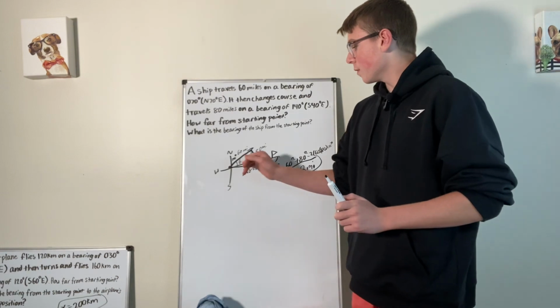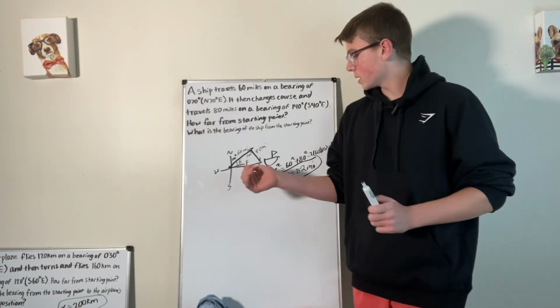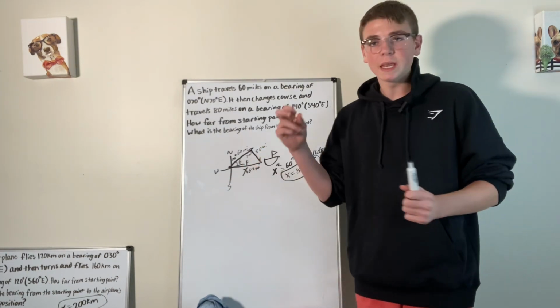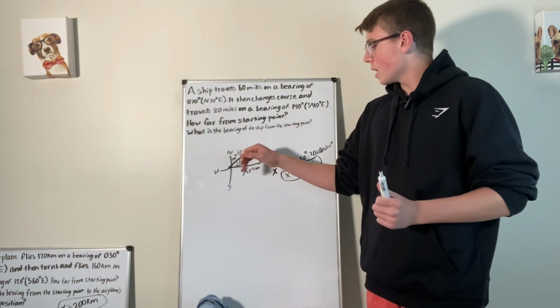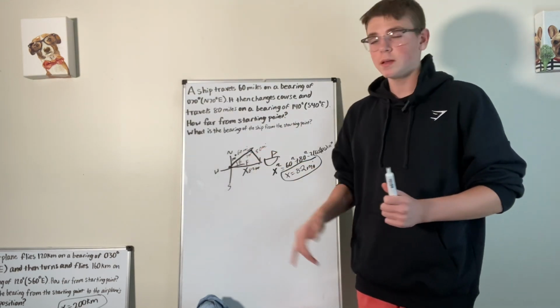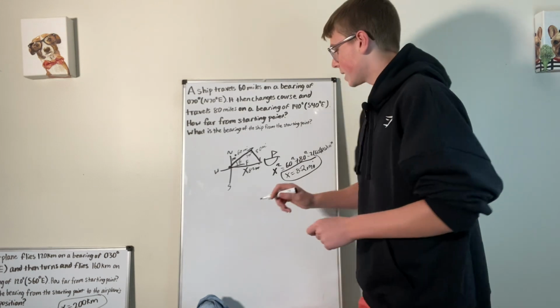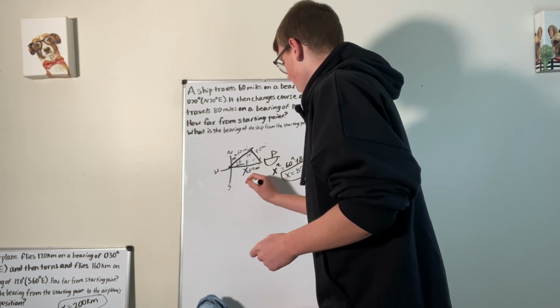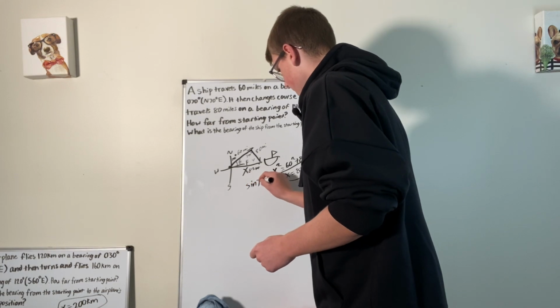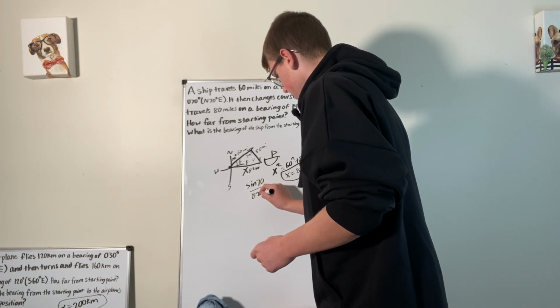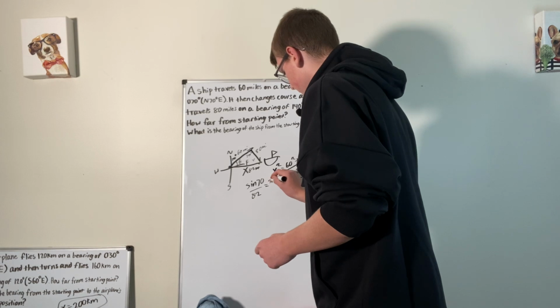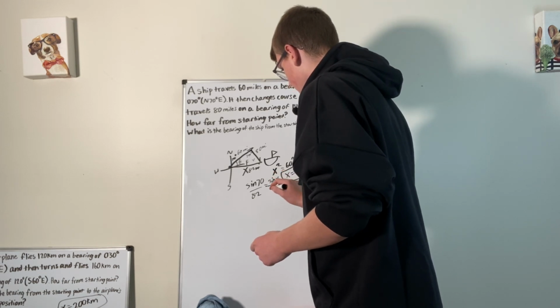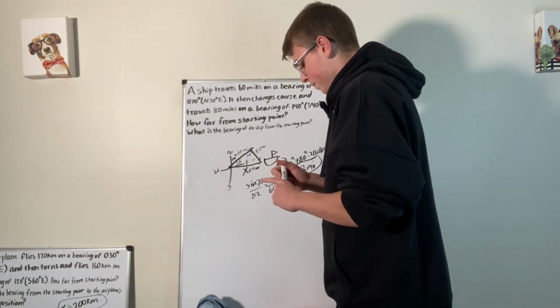So clearly, theta is not going to be the smallest angle because it's opposite the medium size side. So this angle over here, that's opposite of 60, will be the smallest angle. So we could just call that y.